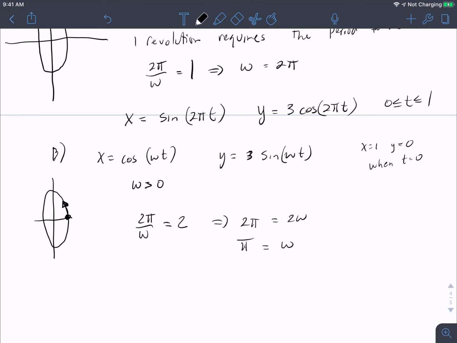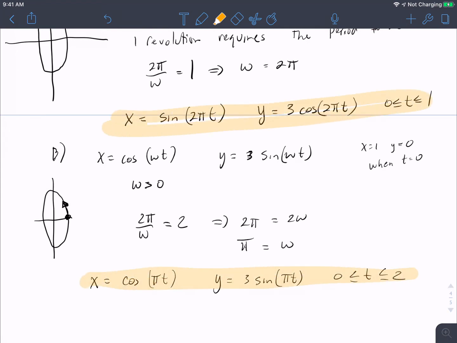Now substituting into the equations that we got, x is equal to cosine of pi t, y is equal to 3 sine of pi t, and our parameter is from 0 to 2 seconds. And so that's our solution for this one. This is the solution for the previous one.